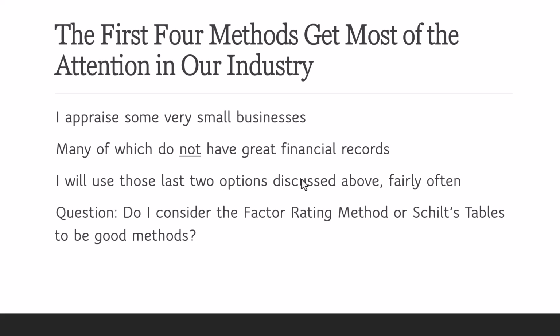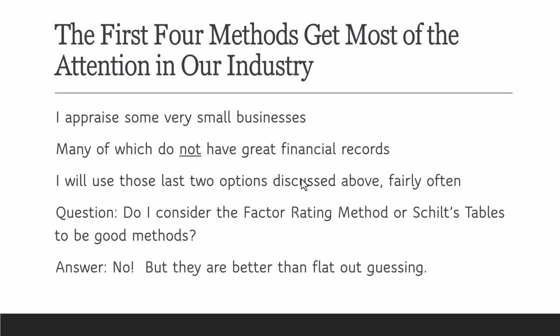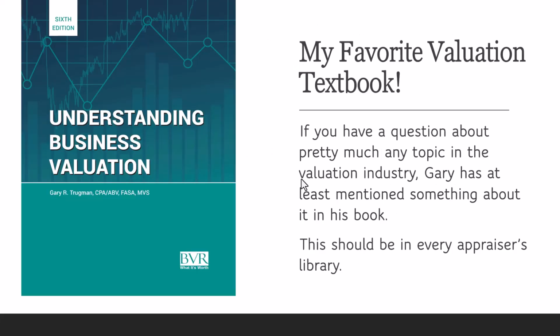One of the questions I see when I start talking about these is, do I consider the factor rating method or Schilt's tables to be great methods? And the answer is no. But they are better than just saying, I think this is the case based on no analysis whatsoever, which is the only other option.